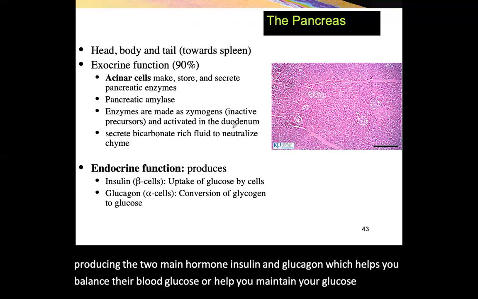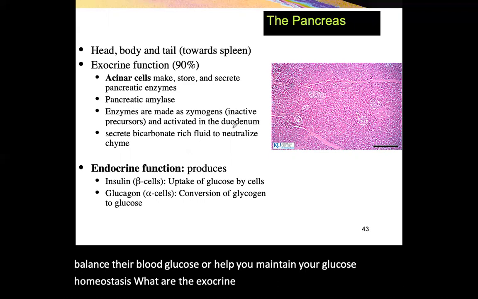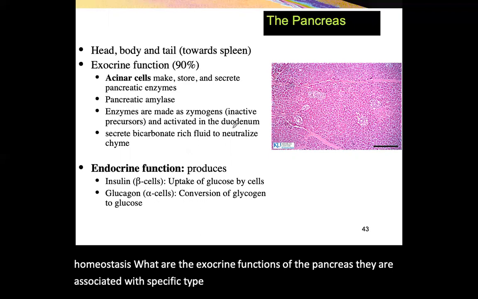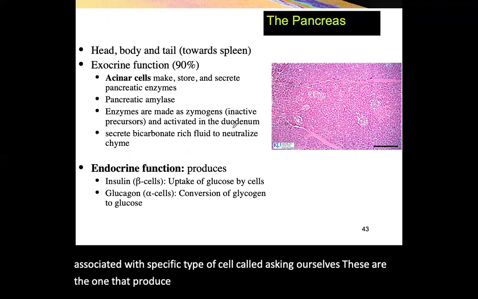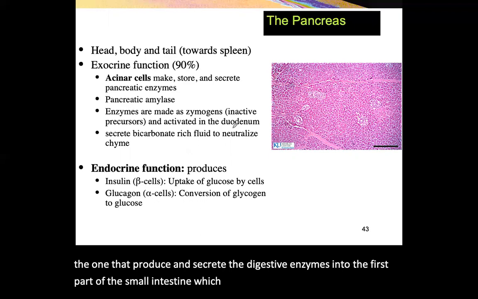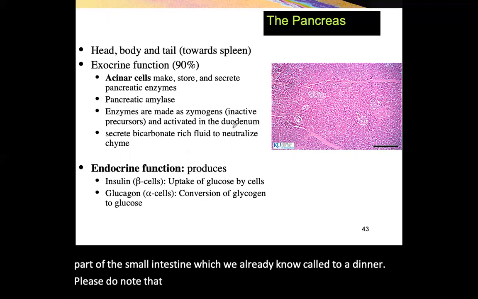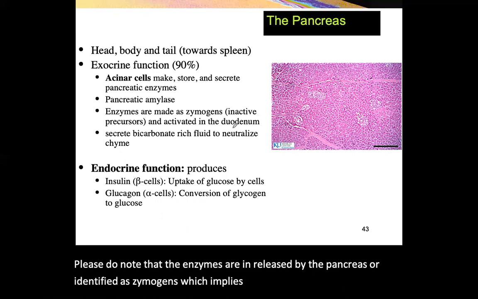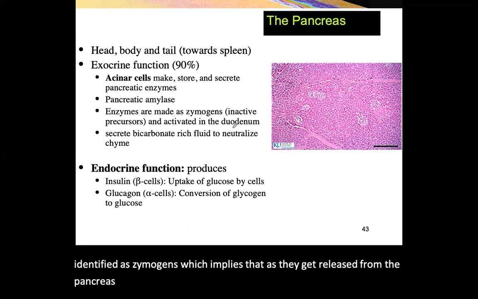So what are the exocrine functions of the pancreas? They are associated with a specific type of cell called acinar cells. These are the ones that produce and secrete the digestive enzymes into the first part of the small intestine, which we already know is called the duodenum. Please do note that the enzymes released by the pancreas are identified as zymogens, which implies that as they get released from the pancreas, they are inactive.